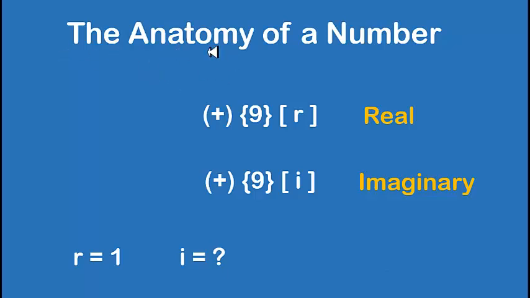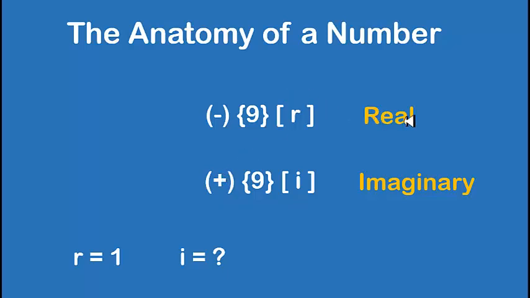Okay, so we have the anatomy of a number, we have the quantity of the number, we have the sign of the number, which when positive, we often don't write it. But for the sake of this discussion, I'm going to write the plus sign to clearly distinguish positive numbers from negative numbers. So if there's a negative number, I'm going to write negative, and if there's a positive number, I'm going to write positive.